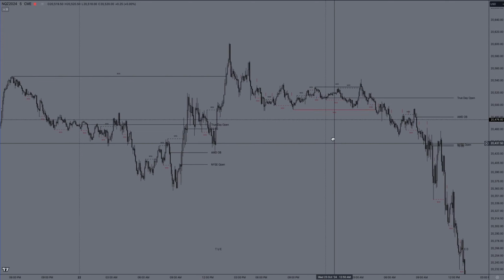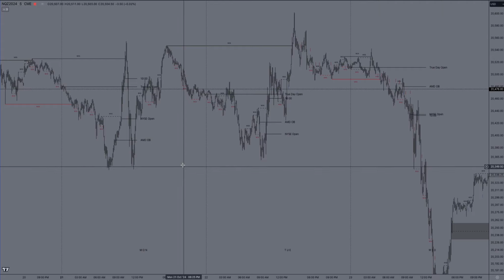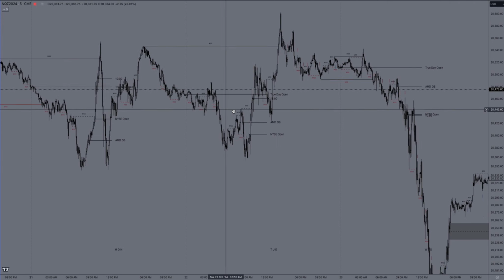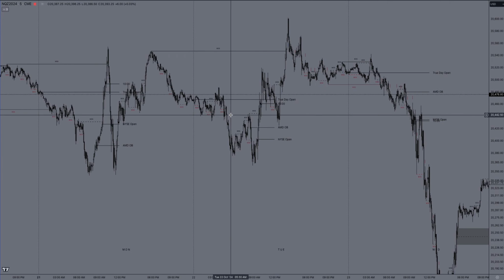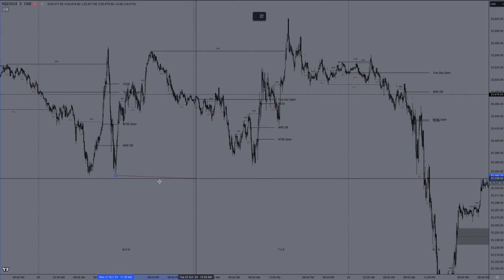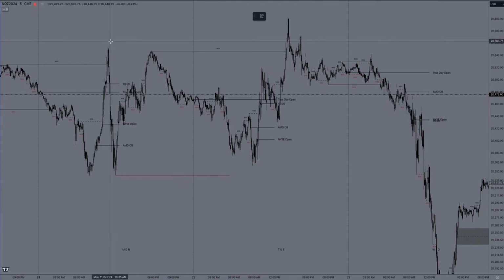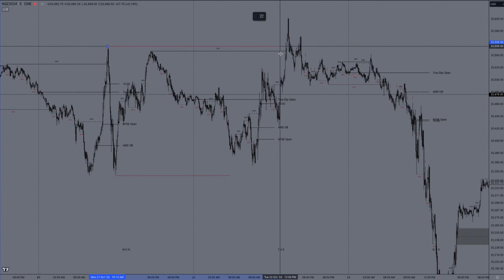Alright, so Tuesday. When we look at the new day, we always want to look at the previous day high, previous day low. Those are very important areas that price may want to go to. So we have the previous day low, previous day high.